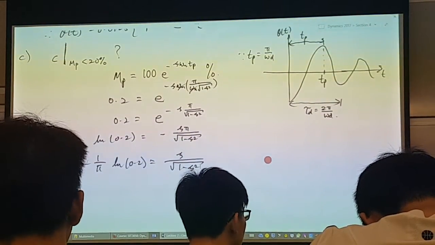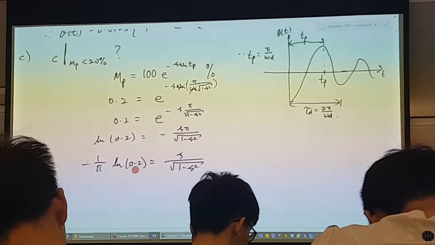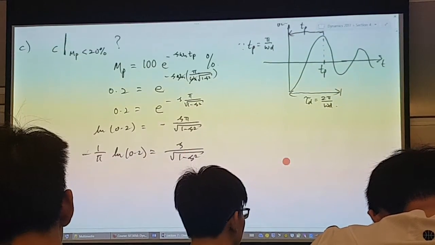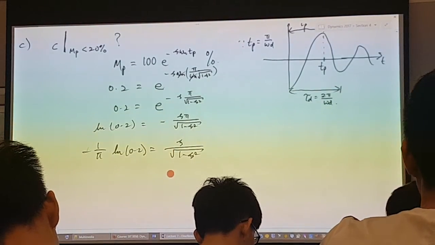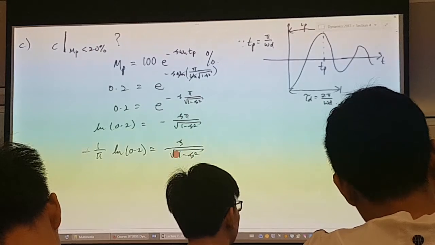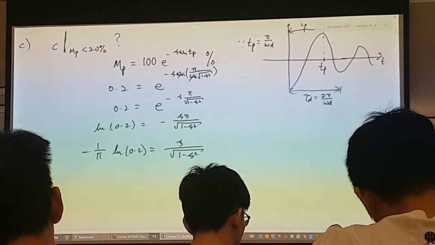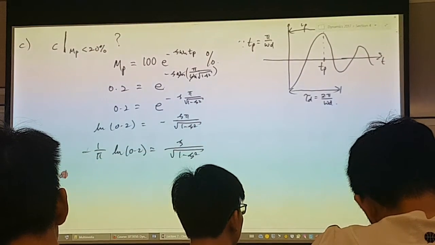So from here, some students actually don't really know how to solve. I've seen before it became like a one-page thing, it's all incorrect. So please know that the next step over here is to square both sides.